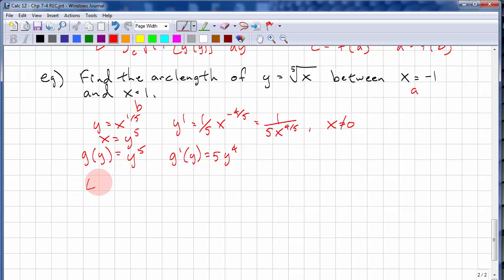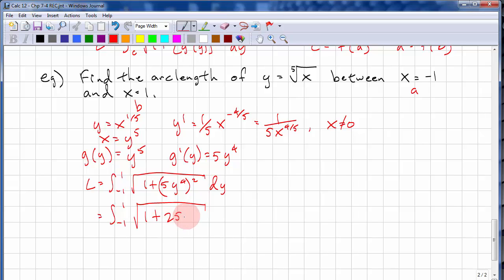So we have arc length equals the integral from negative 1 to 1, square root 1 plus 5y to the 4th. Don't forget to square this. Negative 1 to 1, square root 1 plus 25y to the power of 8.